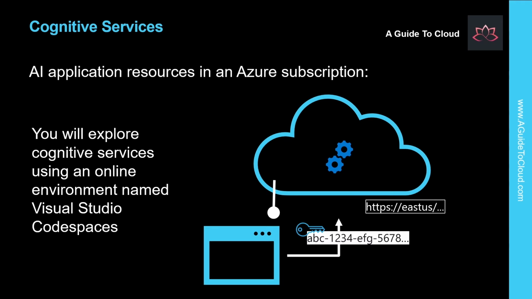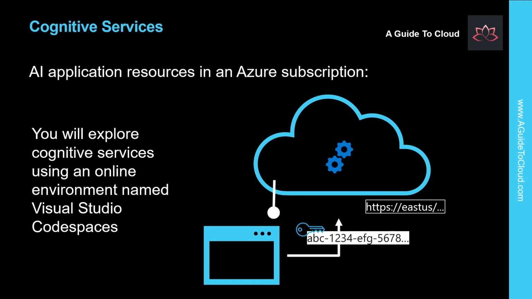Azure provides a set of cognitive services that encapsulate common AI workloads, including computer vision tasks. To use cognitive services, you must provision a resource in an Azure subscription. This can be a standalone or service-specific resource, for example, a computer vision resource, or a general cognitive services resource.